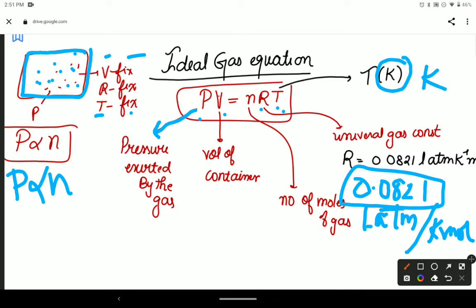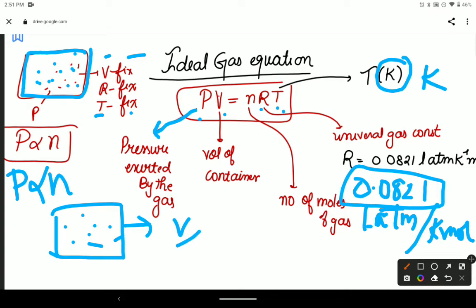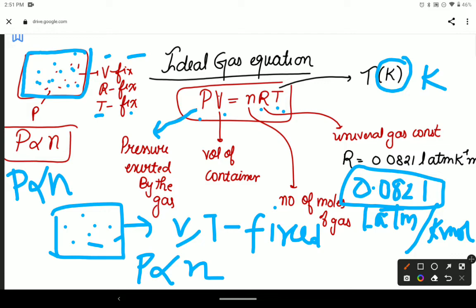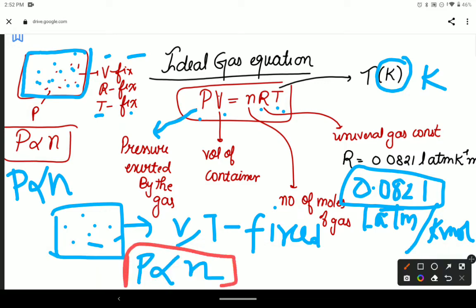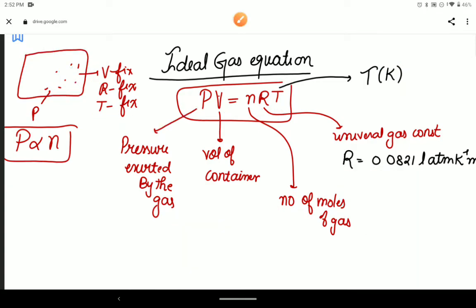So if we take a container, and the volume and temperature are fixed, that means constant, then in this case pressure is directly proportional to the number of moles of that gas. This is about the ideal gas equation.